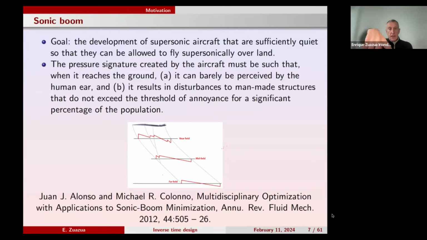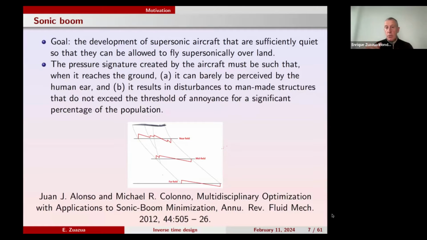Why? Because as is indicated in this drawing, the supersonic aircraft, according to the shape it has, produces an initial signature of the sonic boom that propagates towards Earth, according to a simplified PDE, which is a kind of nonlinear Burgers equation that was introduced at the time by Whitham. And then this initial signature propagates according to this nonlinear Burgers equation to reach Earth.